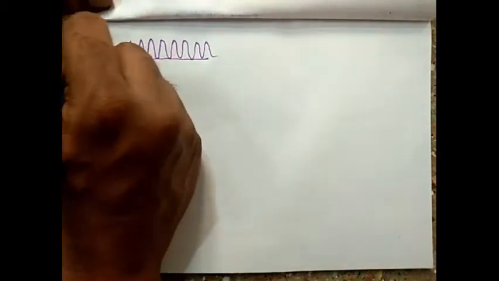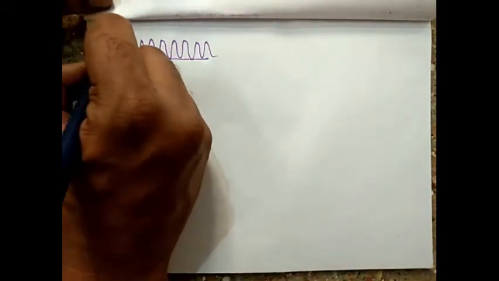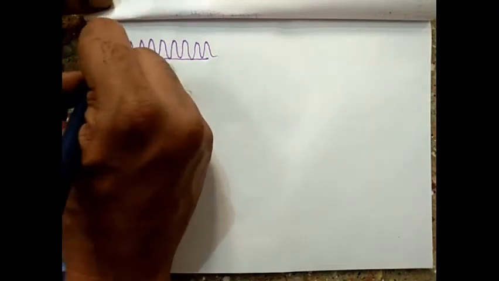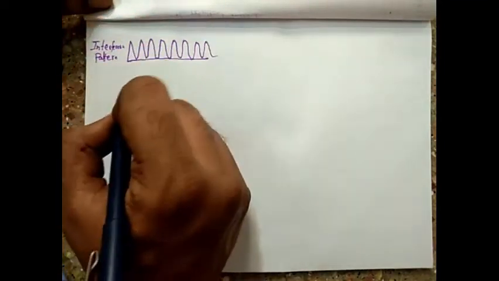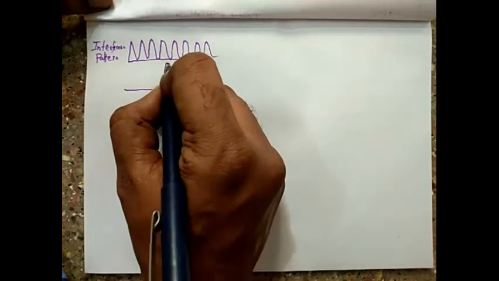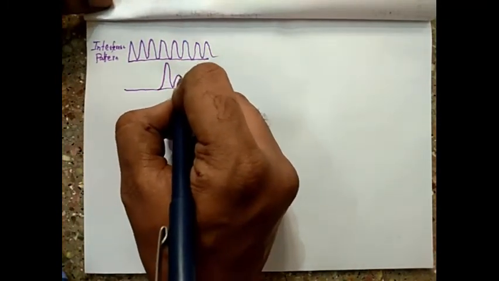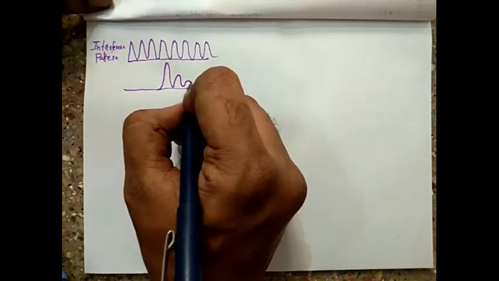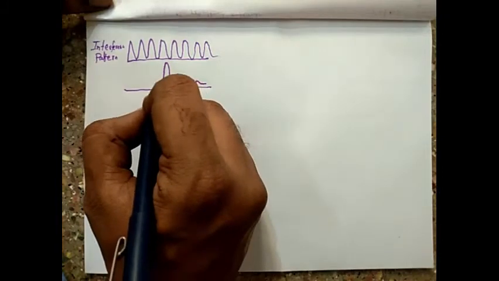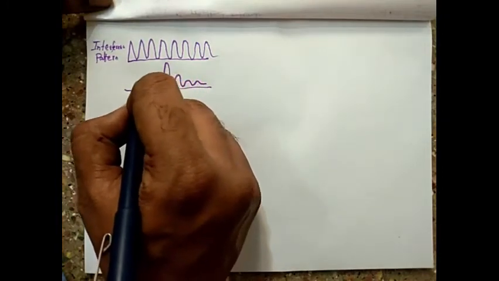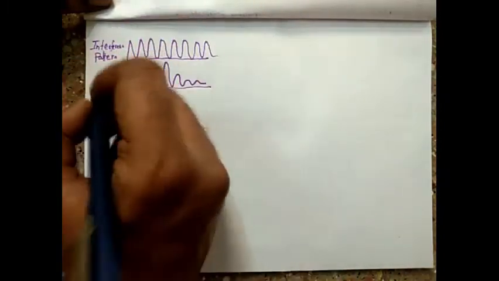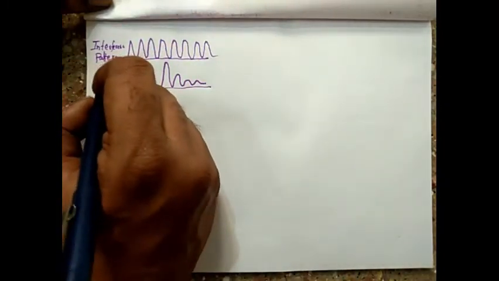So this is the actual interference pattern. Similarly, the actual diffraction pattern consists of principal maxima, minima, and first order maxima, second order maxima and third order maxima, and so on. This is the diffraction pattern.